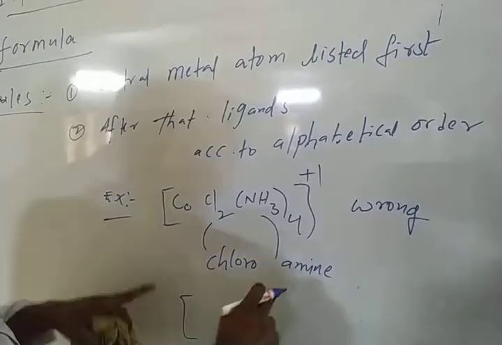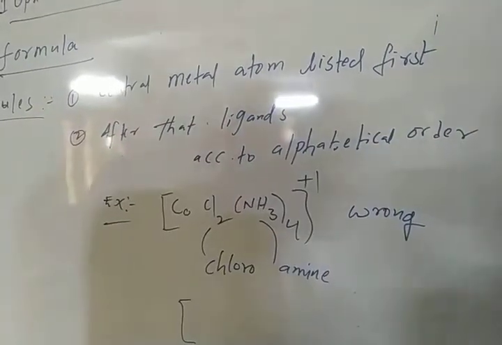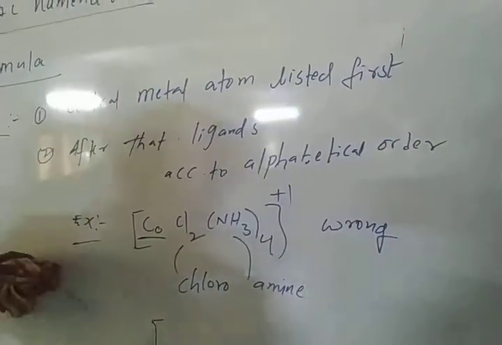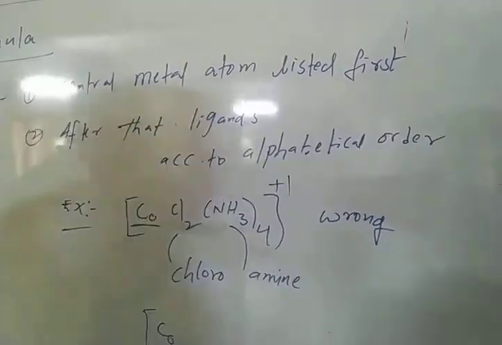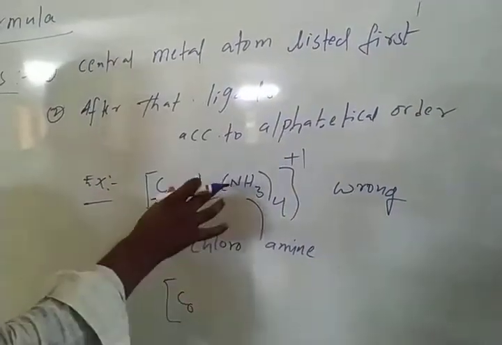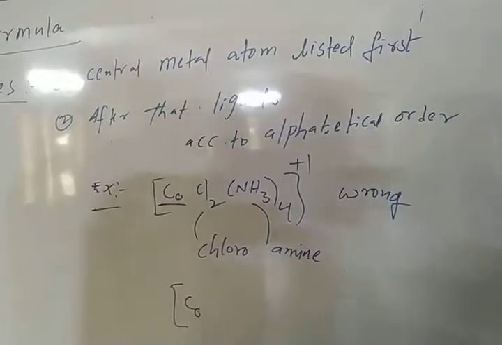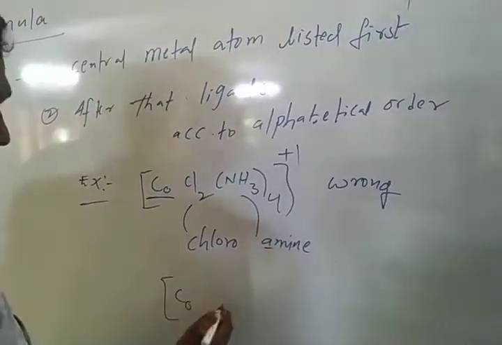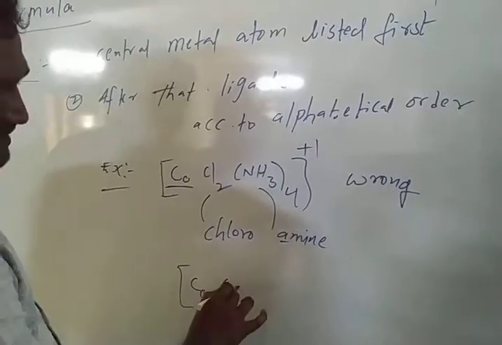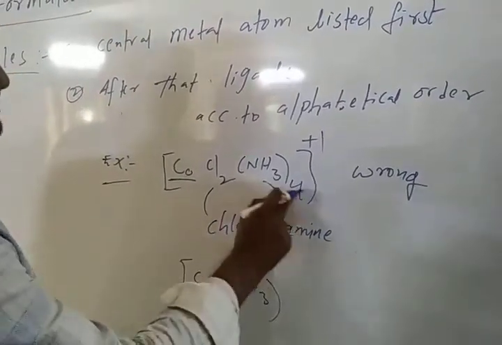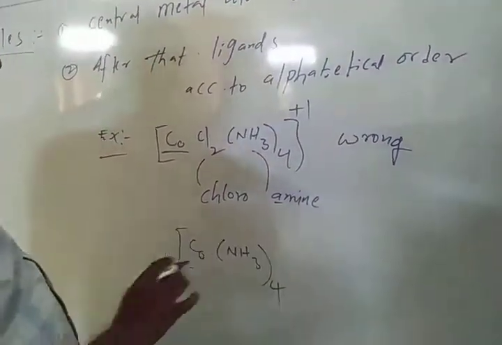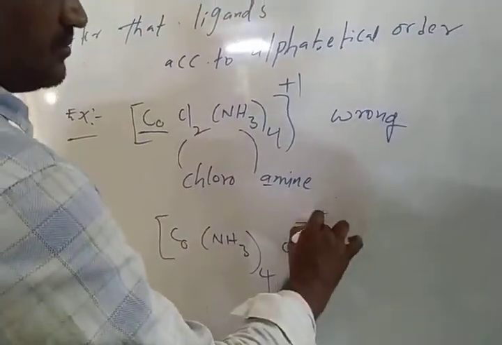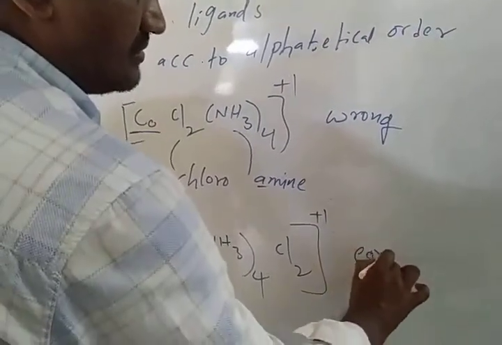In the complex, always first write the central metal atom, cobalt. After that, the ligands according to alphabetical order. Alphabetical order means amine first, A first. So amine NH3, and how many are there? 4 are there. After that, chlorines Cl2 plus 1. This is correct.